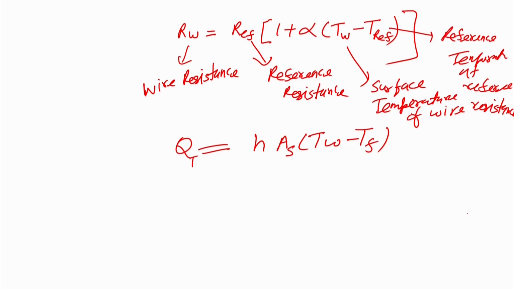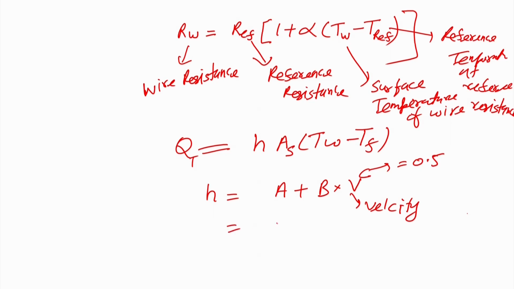We know from King's law that the heat transfer coefficient is also a function of velocity, and it is related to the velocity as H equals A plus B into V raised to the power C, where V is the velocity, and generally this value of C is equal to 0.5. So, you can say H will be A plus B into V raised to the power 0.5.